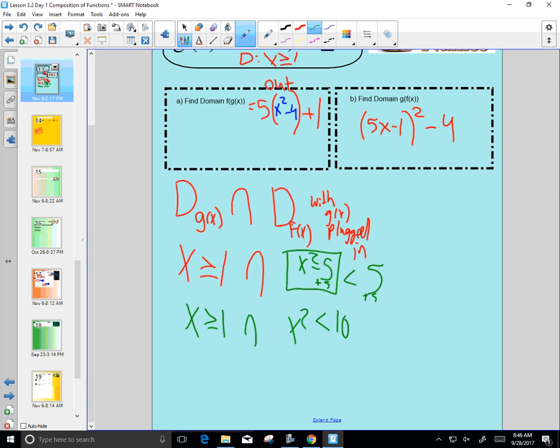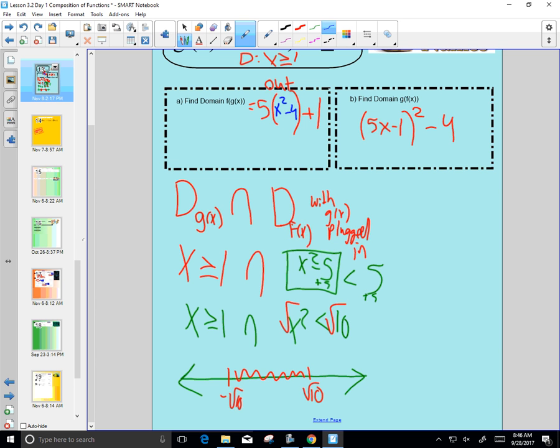When I look at my number line, x squared is less than 10. If you took the square root of both sides, what's the square root of 10, which is around 3. So here's the square root of 10 and negative square root of 10. And it's between there, so it's somewhere in between.